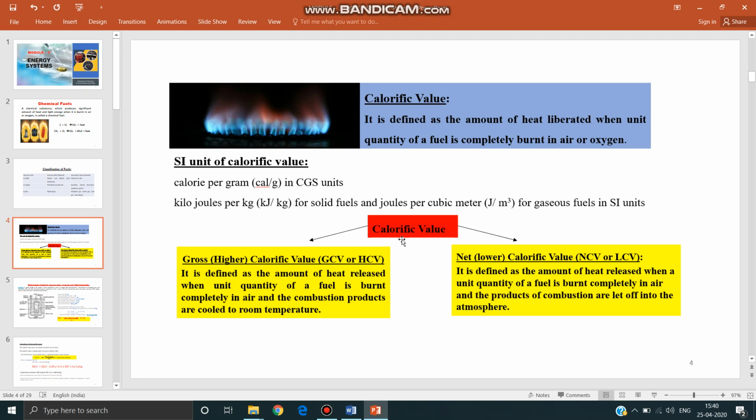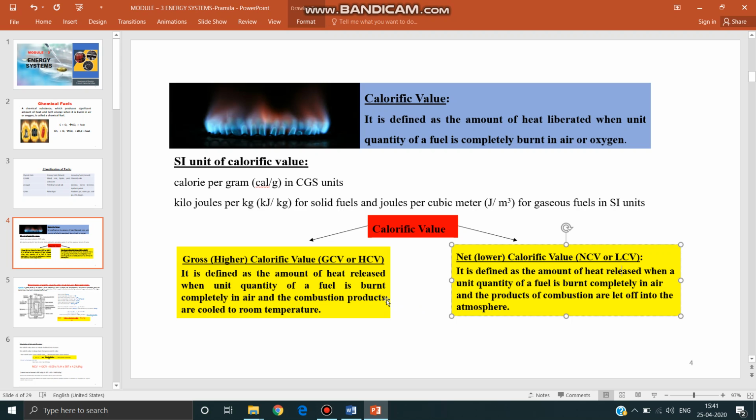In calorific value, there are two types: gross calorific value and net calorific value. Gross calorific value is also called higher calorific value, HCV or GCV, and net calorific value is also called lower calorific value, NCV or LCV in short.